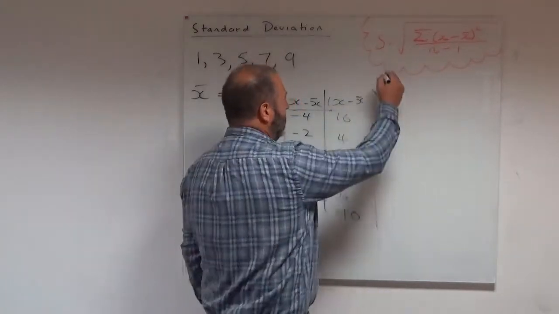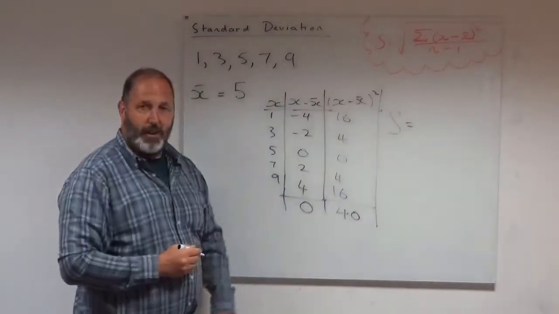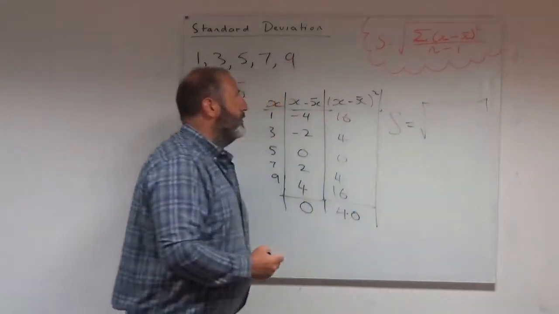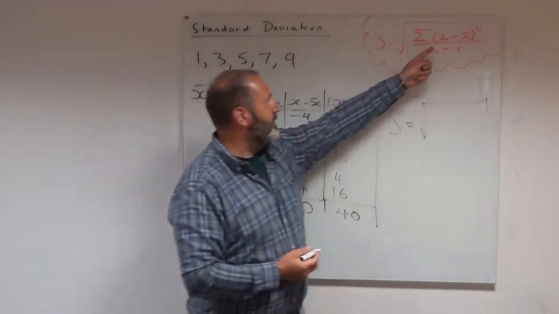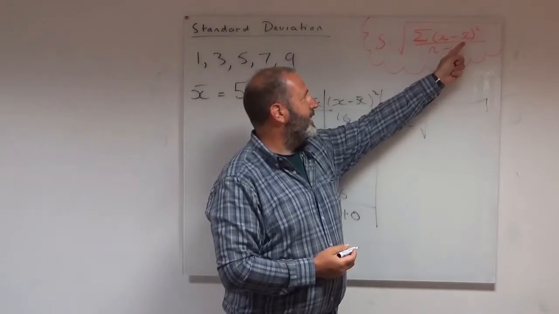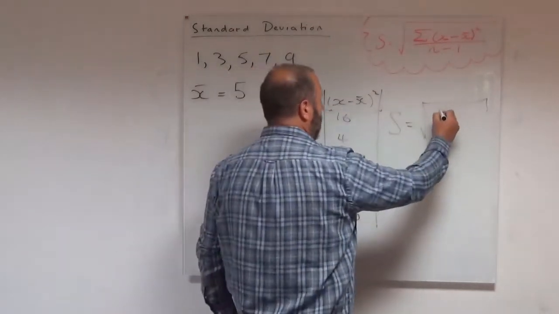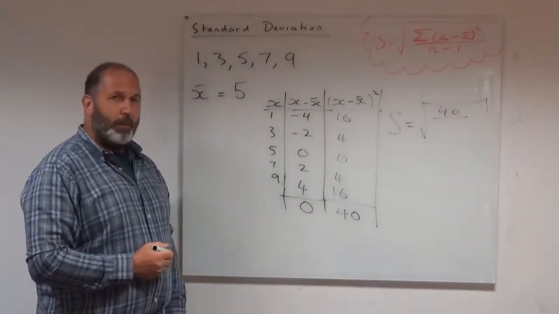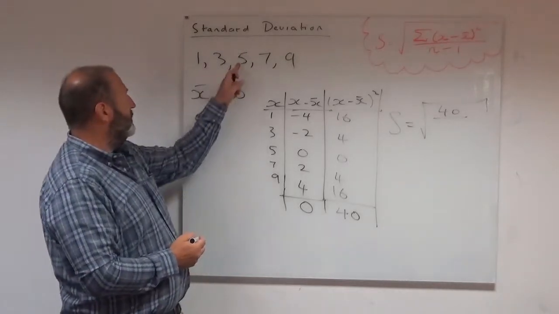So if I rewrite this formula in black that we had in red, my numerator, the top line, is just the total of the differences between x and x bar squared, which turns out to be 40. So I get 40 divided by n minus 1, where n is how many in the sample? 1, 2, 3, 4, 5.